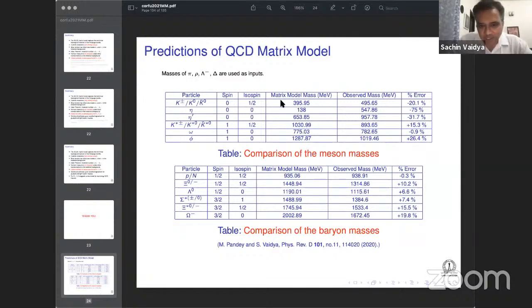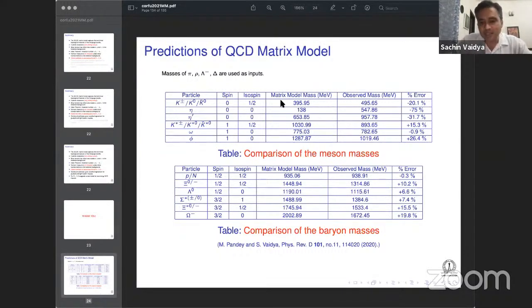So I have flashed my slide where I have written out the masses, again, the observed mass of the particle and the matrix model prediction. You can see that for a model that is so crude, we are doing quite well, except for the K, eta, and eta prime.